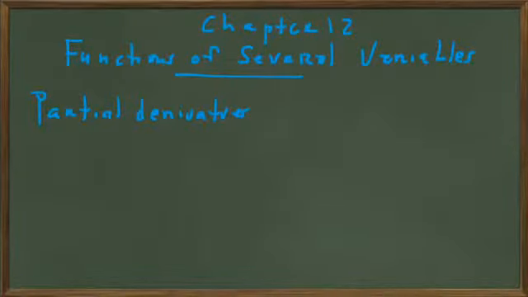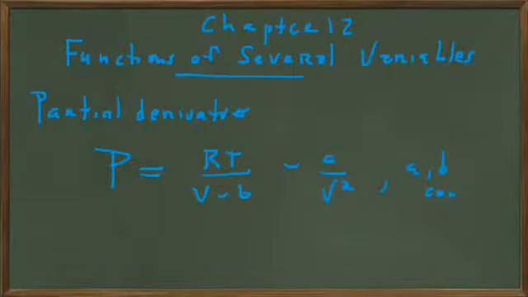In this first video of several for Chapter 12, we're going to start talking about functions of several variables, and we're going to first do that by talking about partial derivatives. So let's look at a function p equals rt over v minus b minus a over v squared.